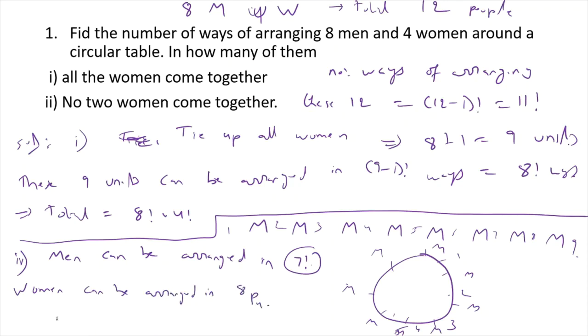So the total is equal to 7 factorial times 8p4. So here you have to observe the difference. If you arrange 8 people in a line, then we are going to get 9 gaps. But if you arrange 8 people around a circle, then we are going to get only 8 gaps. If you want, you can check it using 3 people or 4 people, and then you can generalize.